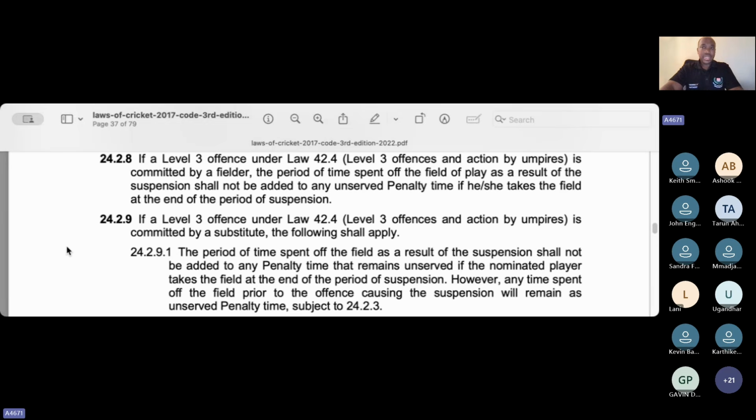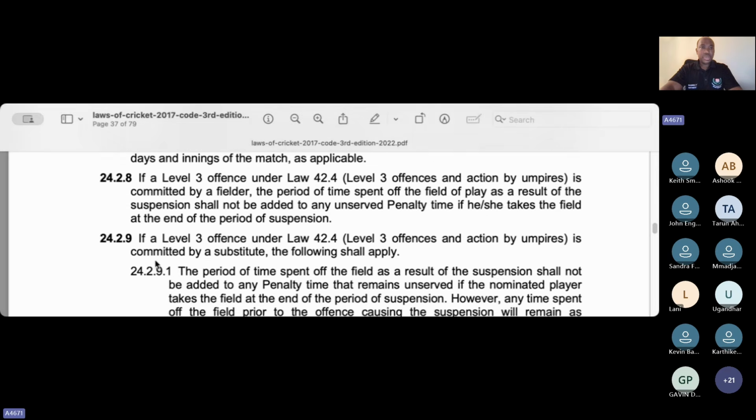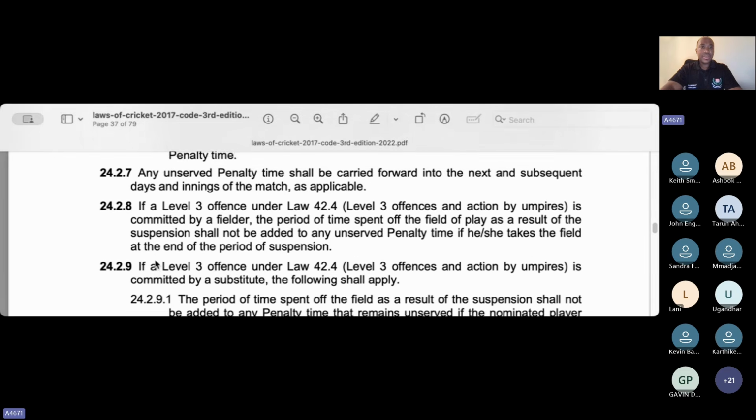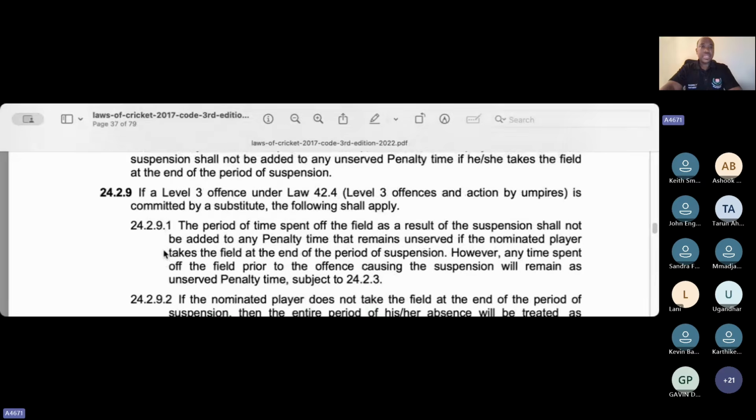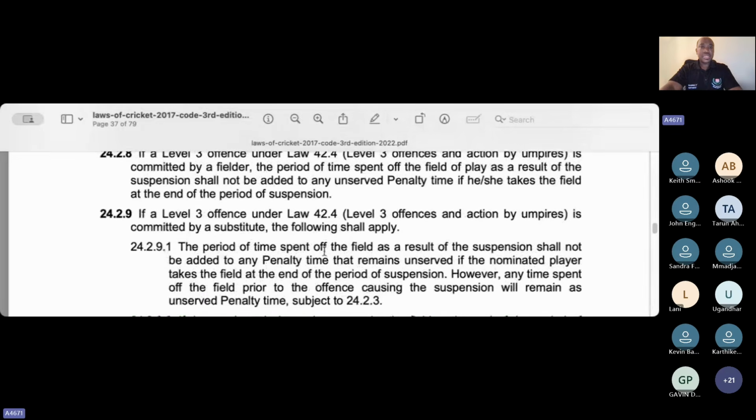Okay, let's look at the next part of the law. A level 3 offense is committed by a substitute. No, let's not worry about a substitute. It simply says that any time spent off the field prior to the offense causing the suspension will remain as unserved penalty time.